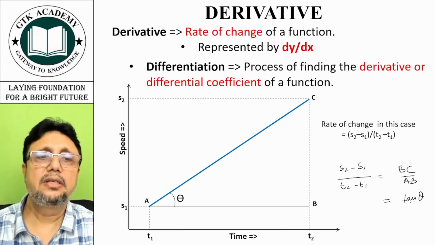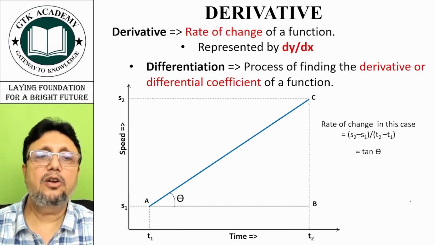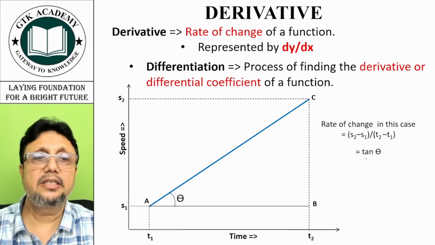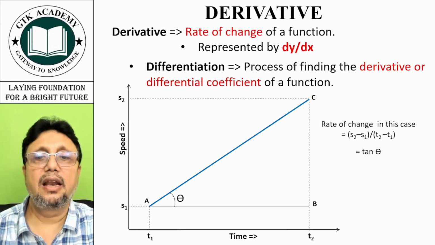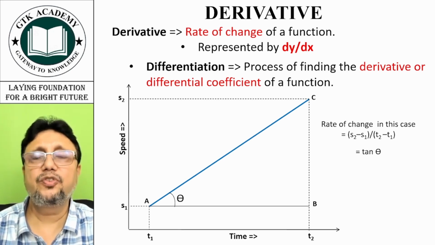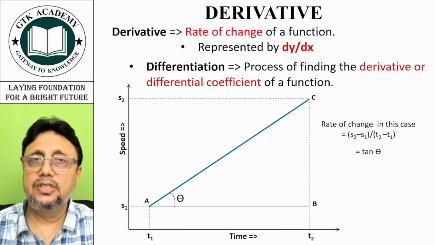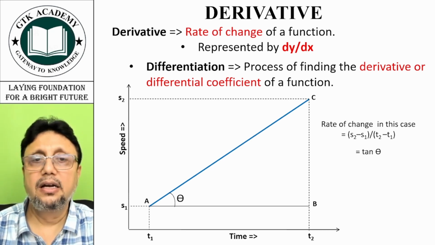That means rate of change in this case is tan of this angle. So tan theta represents rate of change of this function, which is represented by a straight line.